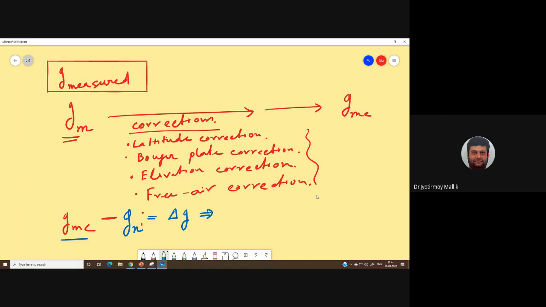So this is the measured plus corrected minus the g normal, or g theoretical, which is the small g at the international reference ellipsoid. This delta g is also called the gravity anomaly.